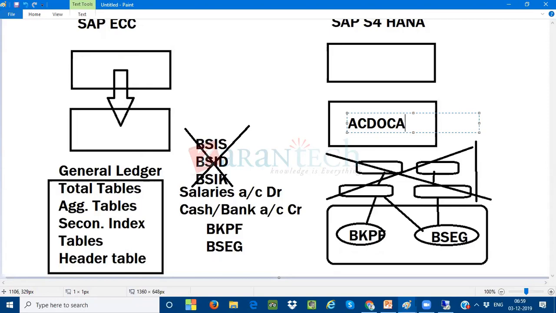My dear friends, no need for any secondary index on top of your database tables from today onwards. All the data will reside in one table called ACDOCA, and on top of it we have the same header table, BKPF.